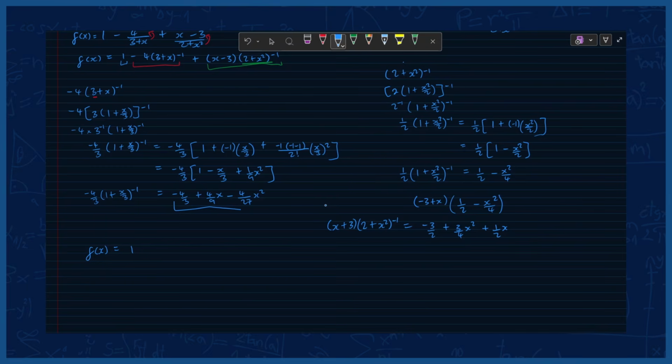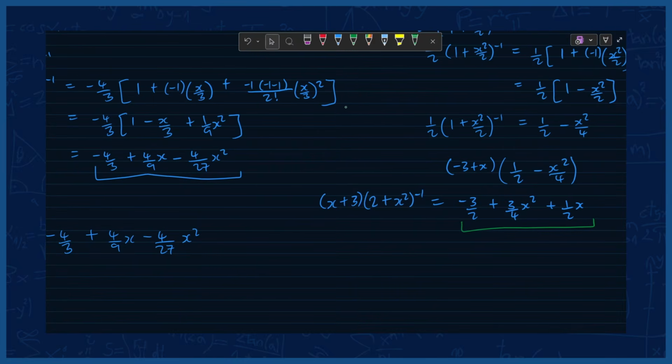So our expansion here was this, negative 4 thirds plus 4 over 9 x minus 4 over 27 x squared. And then we have to add the green expansion, which is this result there. So that becomes negative 3 over 2 plus 3 over 4 x squared plus the half x.